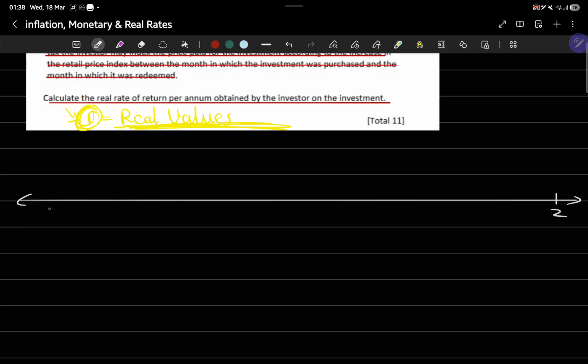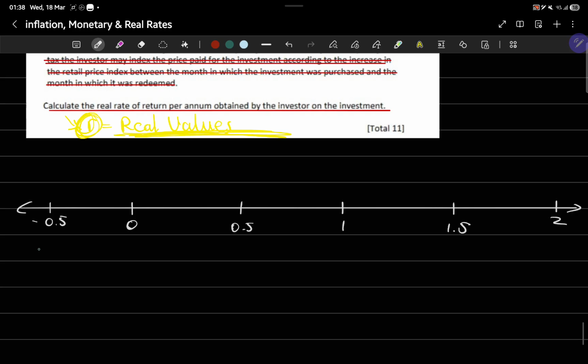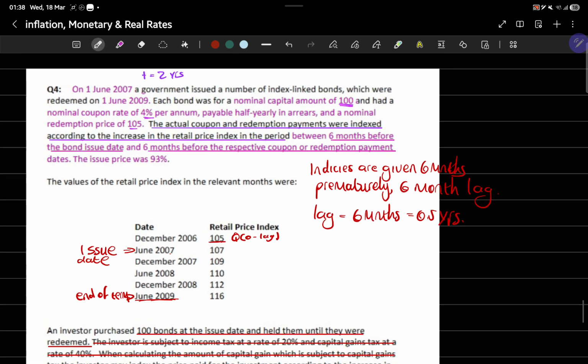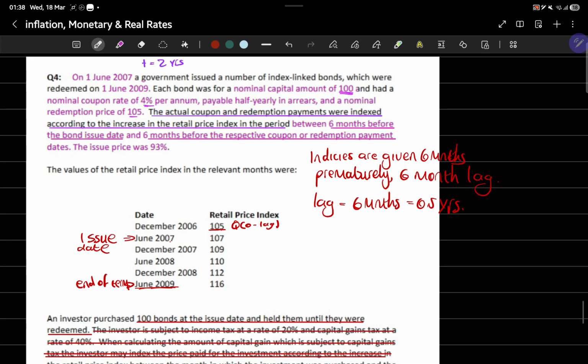I'll just do this minus 0.5 here. 0, 0.5, 1, 1.5. And the date here will be, we're given December 2006. I'll take it as the 1st of December, because we go from the 1st of June.